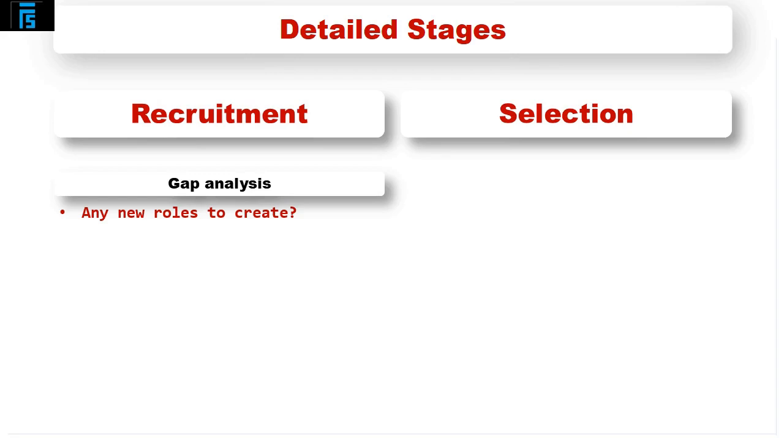It might be, for example, that the organisation is expanding, perhaps by doing something new. So we have an organisation that has always trained ACCA students, and now we decide that we're going to start training other kinds of students. Perhaps we're going to start training legal students.